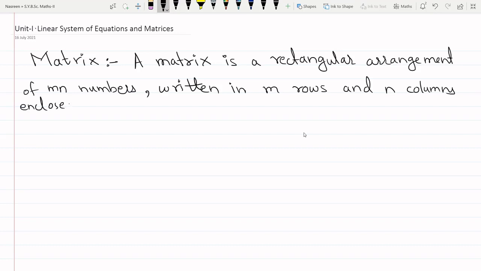Enclosed in brackets. So such an arrangement, or such a rectangular arrangement, having m rows and n columns is called a matrix of order m by n.